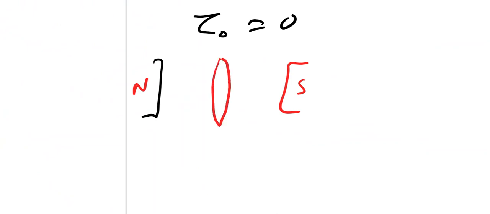If this is the north pole and this is the south pole, then the coil is placed like this. So you can say that this is the area vector of the coil, and the external field is also in the same direction, and hence theta is 0.